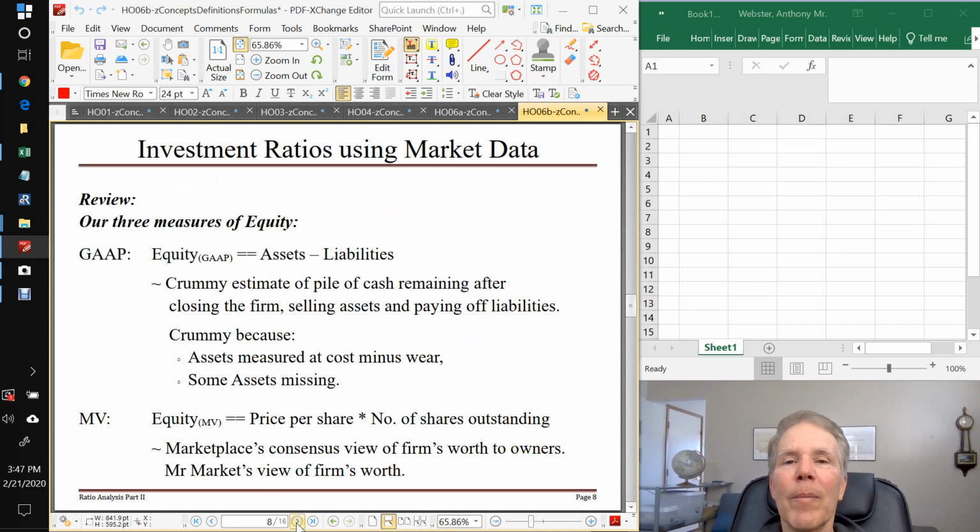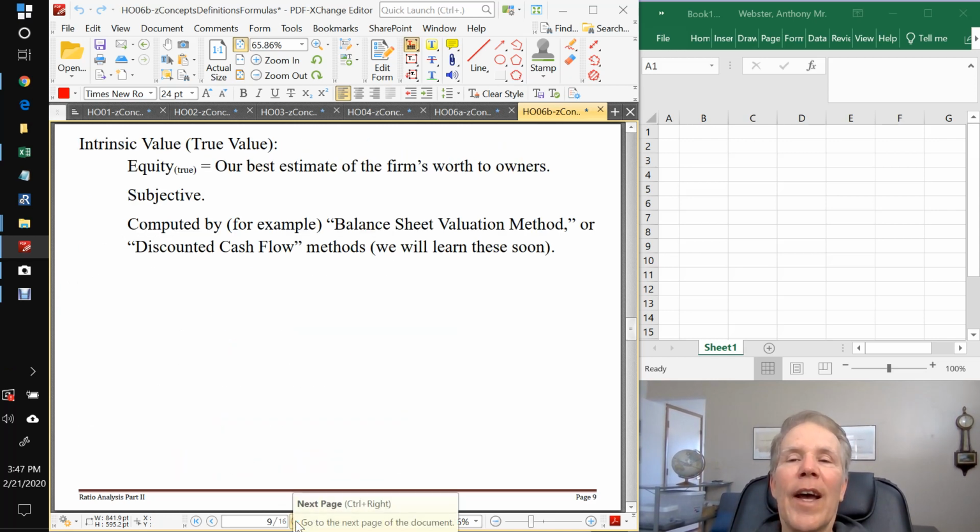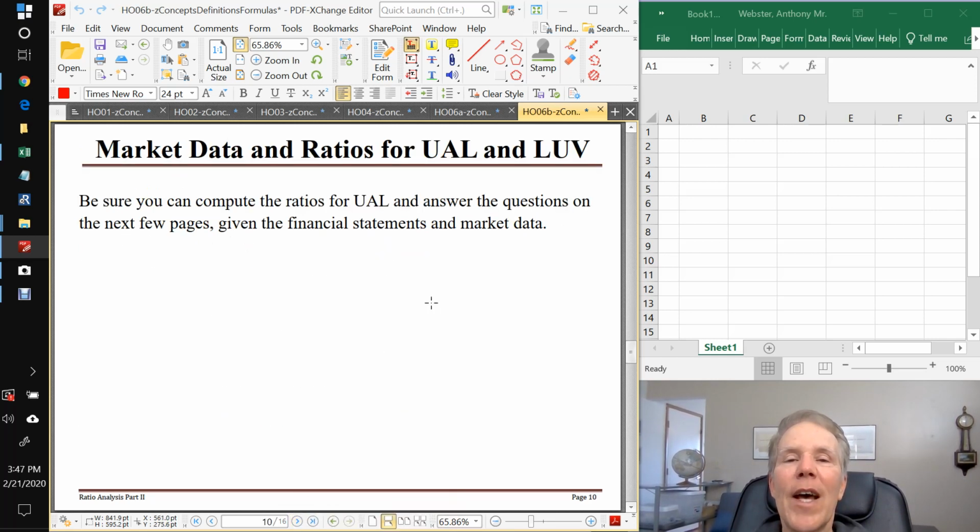So then to start doing investment ratios with market data, we wanted to remind ourselves of the 3 measures of equity: GAAP, market value, and intrinsic value. And why did we do that?